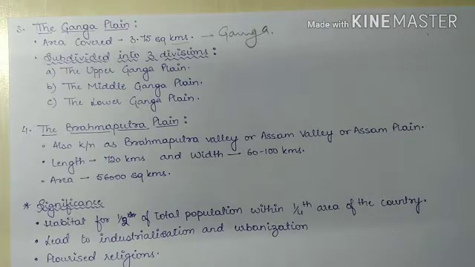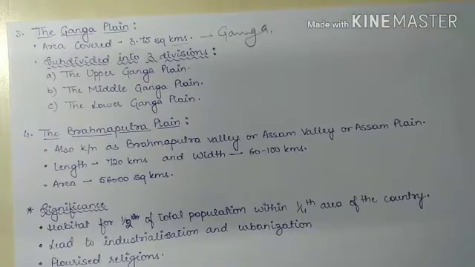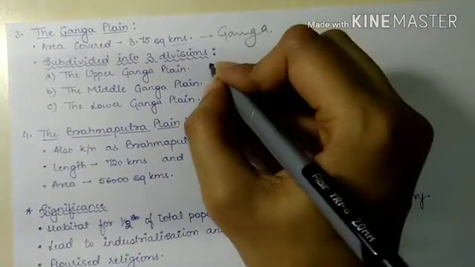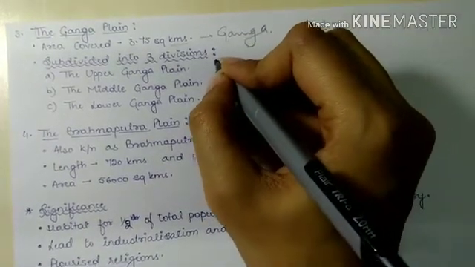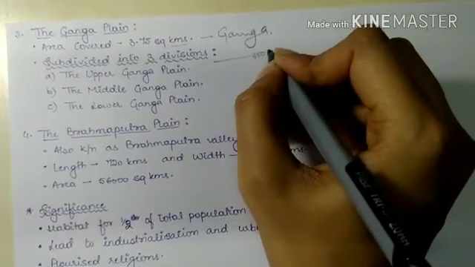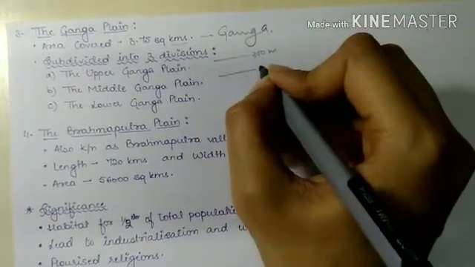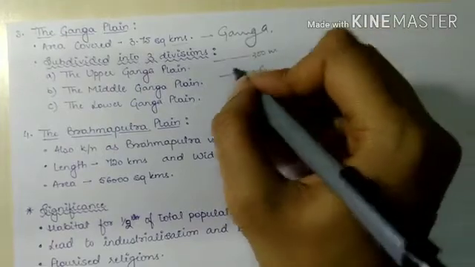The Upper Ganga Plain comprises the upper part of Ganga Plain, and it is delimited by the 300-meter contour line in Shivalik in the north and the peninsular boundary in the south.